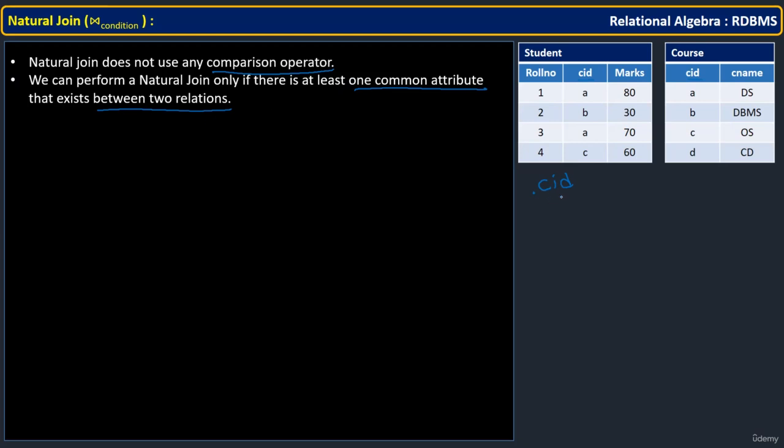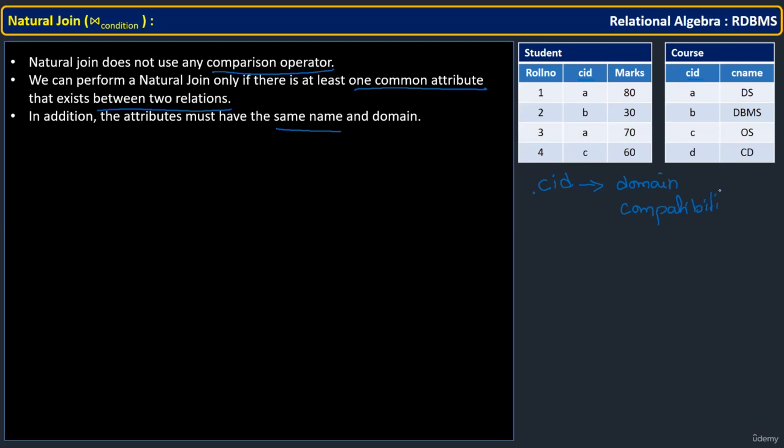But we have one constraint on this common attribute actually. What is that? You can see here, the same name, CID, in both, and the same domain. Domain is nothing but the data type. If it is integer, this must be integer. If it is float, this must be float. Simply you can say compatibility must be there.